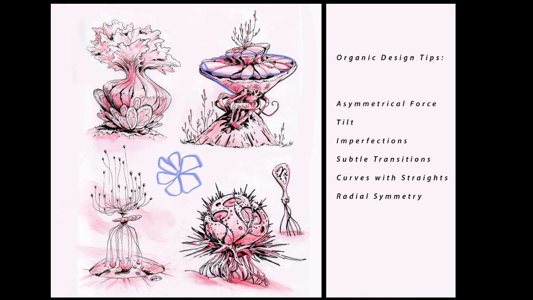So the radial symmetry here, I'm still thinking of a central column that goes through this structure. And thinking about that radial symmetry allows me to make another platform here out of the center. And the cool thing too is that radial symmetry is a form of symmetry, so there's going to be some beauty in the repetition and the rhythm it makes.